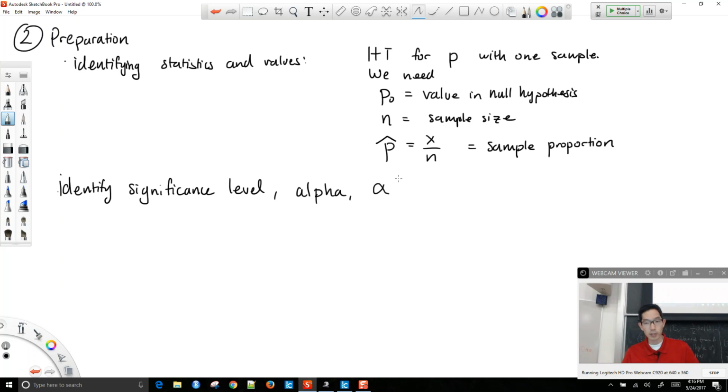Alpha is the point at which we decide if the p-value is large or small.